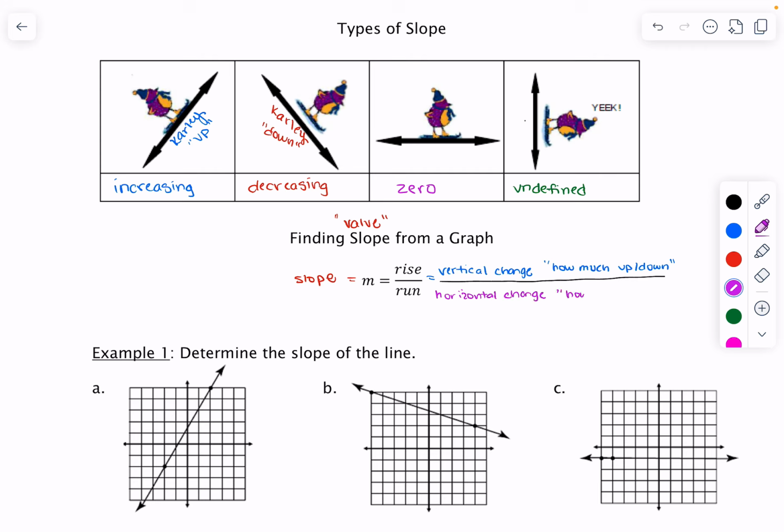And that's how much left or right. So it's always the up or down first over the left or right second. And that's going to create a fraction that we will have to simplify to get a single value called slope. So let's take a look at some examples of this.